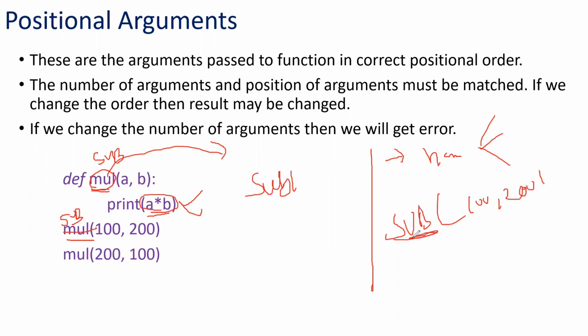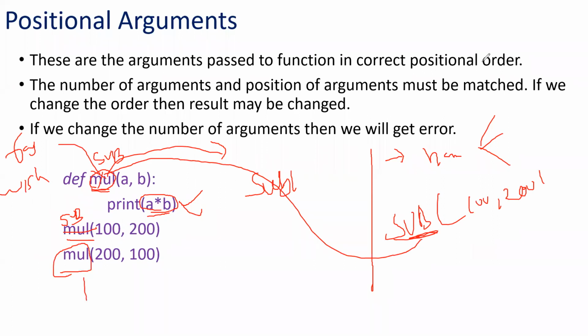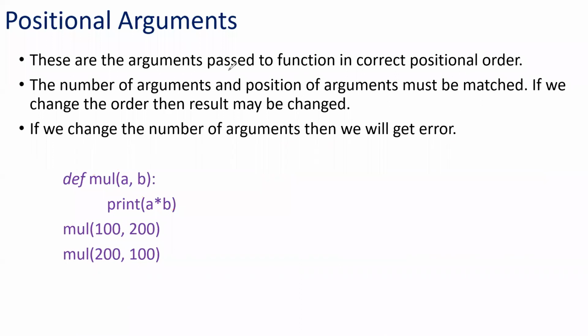No, SUB is the function name, it's an identifier. It can be anything. Instead, I have used some examples like Raj, wish. That's my wish. It is not a default keyword of Python when we are defining the function. I hope it's clear to you.